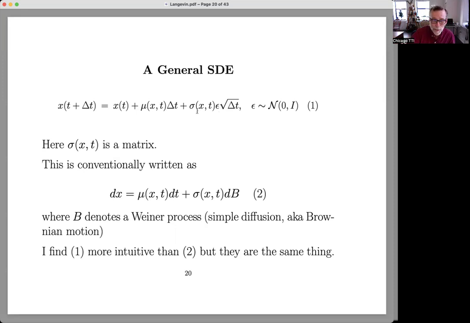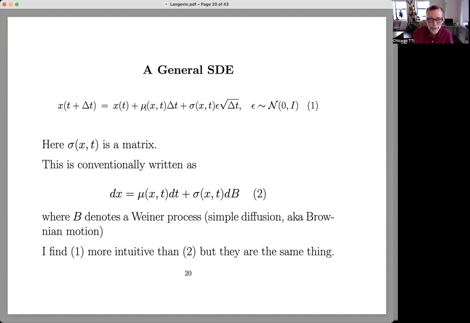Now there's something I want to point out about this. It's important, it's really strange. This x of t plus delta t defines a delta x, which is the sum of these two terms. This is how much x changes. If I divide delta x by delta t, this term becomes just the normal derivative.